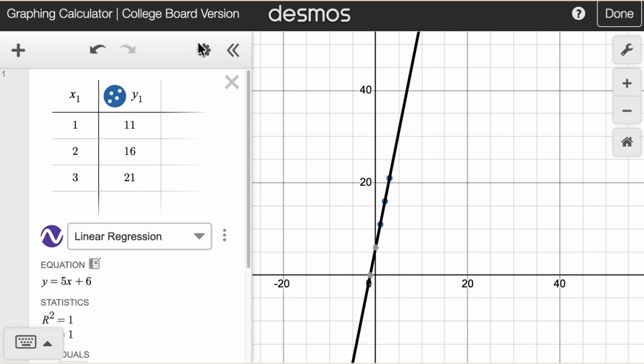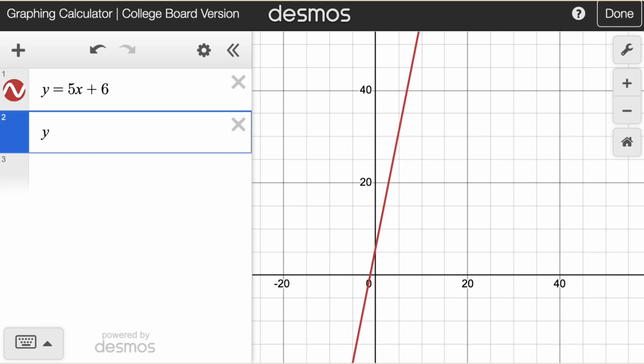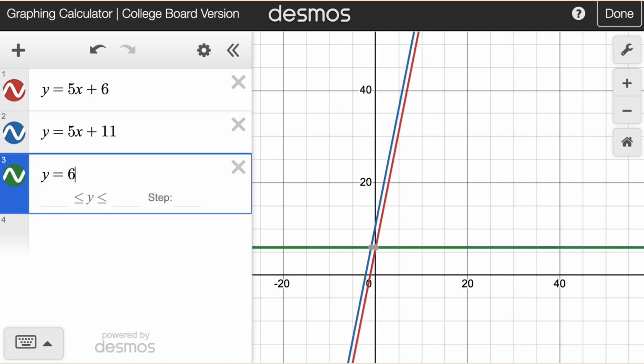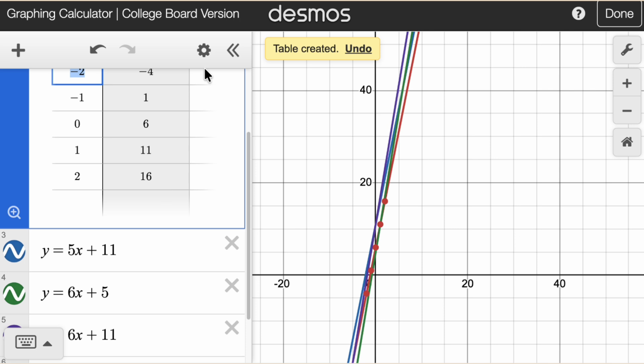Okay, so I've shown you this way. This is very quick. You can also type out all the equations that you have. y equals 5x plus 11, y equals 6x plus 5, y equals 6x plus 11. You can do this, and then you can form tables of each of them.